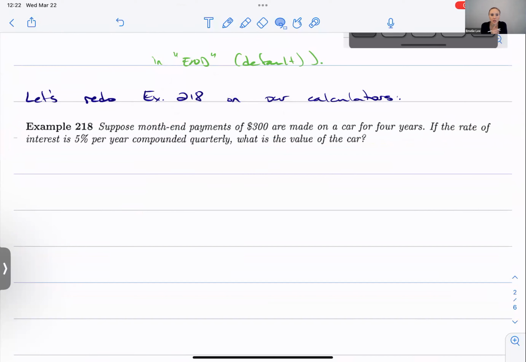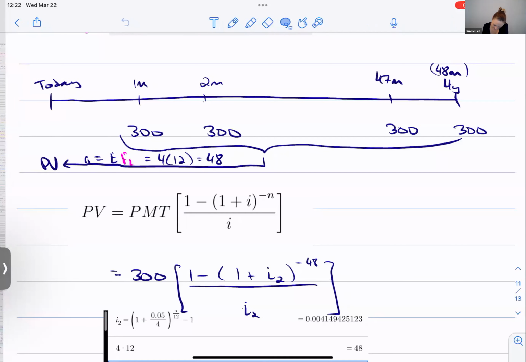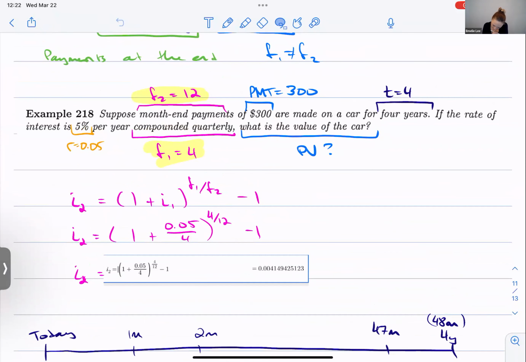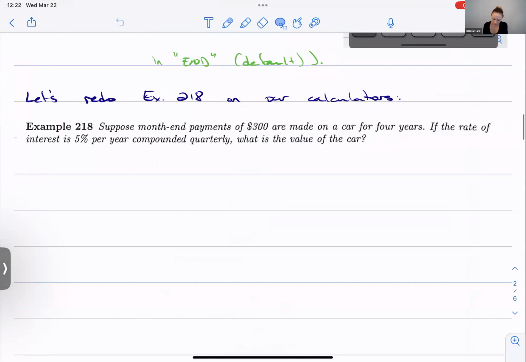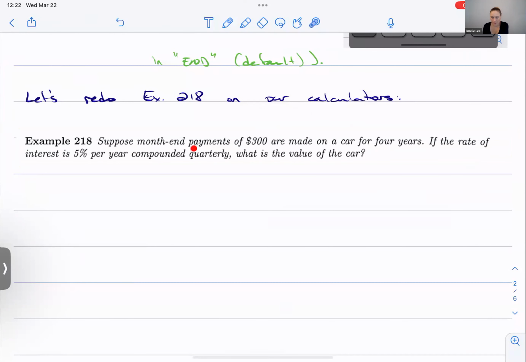So we already solved this, but you know what? Let's start fresh. I think it's going to be good practice just to read these again and practice identifying information. Suppose month-end payments of $300.